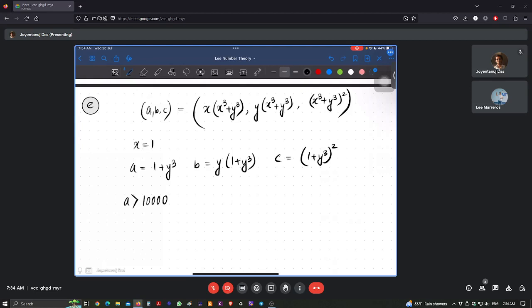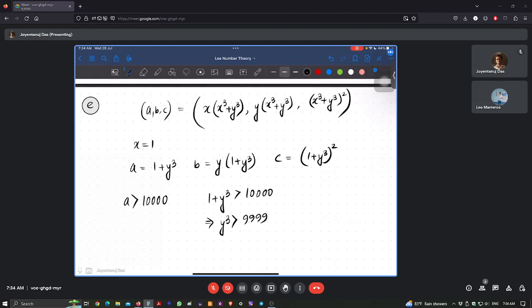We have 1 plus y cube strictly greater than 10,000, so y cube must be greater than 9,999.